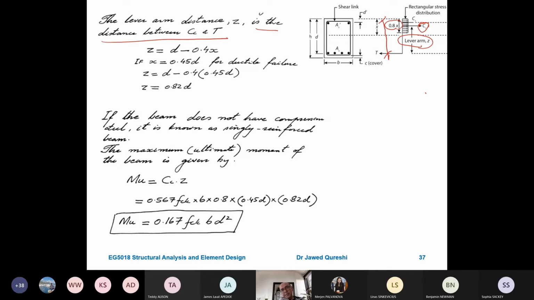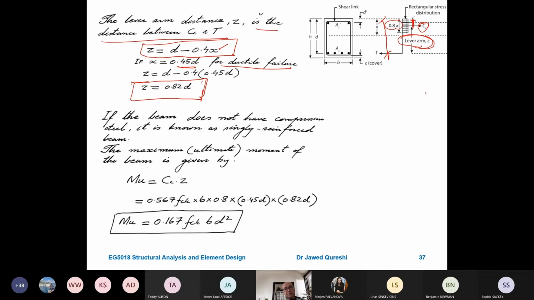It means that from D, if I subtract 0.4x, I get the lever arm. So Z is equal to D minus 0.4x, because 0.8 divided by 2 is 0.4x. If we replace this x with 0.45D, then Z is going to be 0.82D. This is where we get Z from.